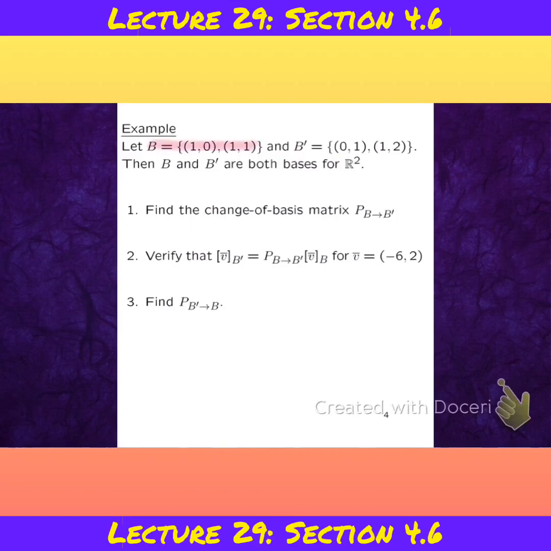It's a simple one, it's in R2, and we're given the new basis. And you can verify that they are both bases for R2. So here's a straightforward question. We want to find the change of basis matrix from B to B prime. So B is my old basis and B prime is my new basis.